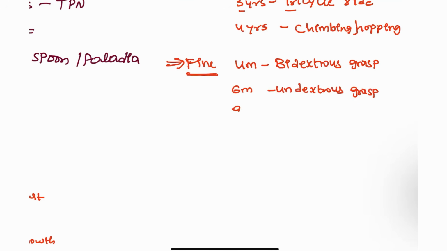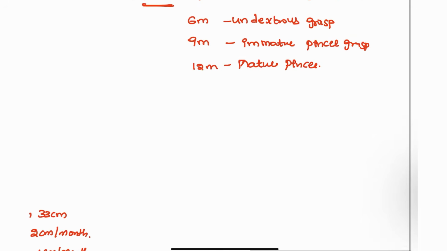Next 9 months immature pincer grasp. Okay, holding fingers like that. This is going to be the immature pincer grasp. Next 12 months it is going to be mature pincer grasp. Possibly all the fingers will be used to hold that object. Okay, that is first thing.